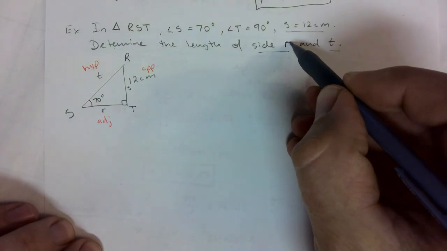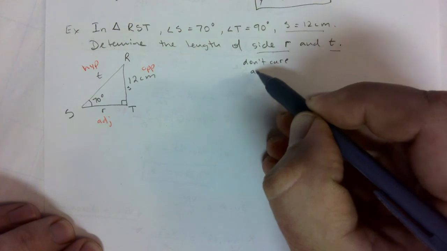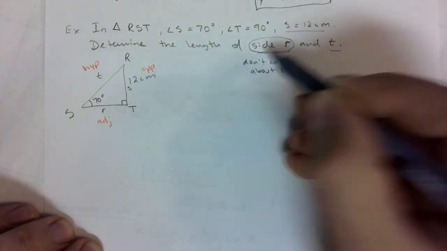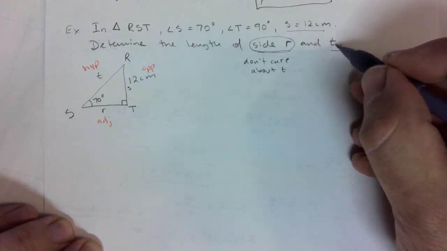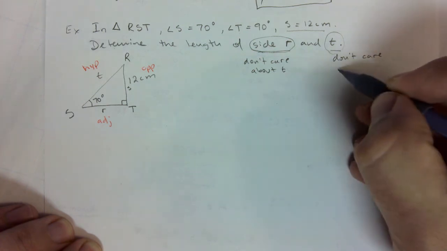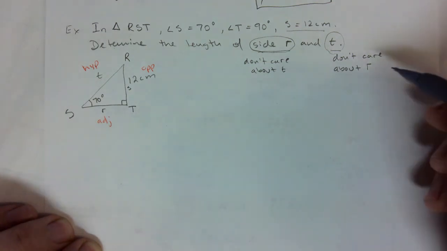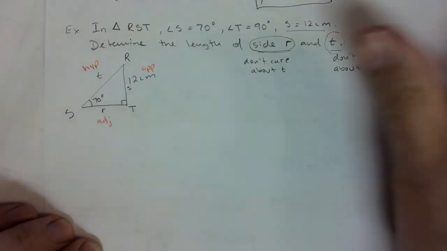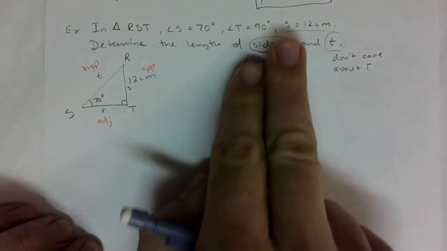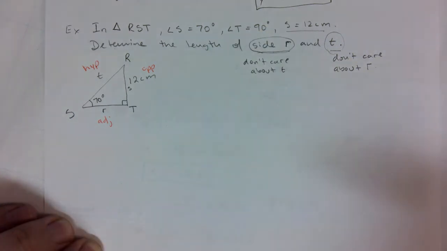If you're solving for R, you don't care about T, right? If you're solving for T, you don't care about R, okay? That's how you have to approach this. Like it's almost like we're going to do R first, we don't care about T, and then later on we're going to work with T, we don't care about R. Does that make sense?